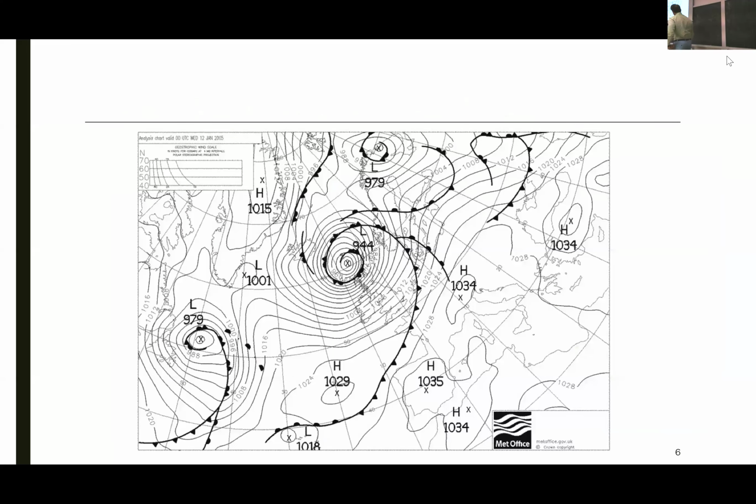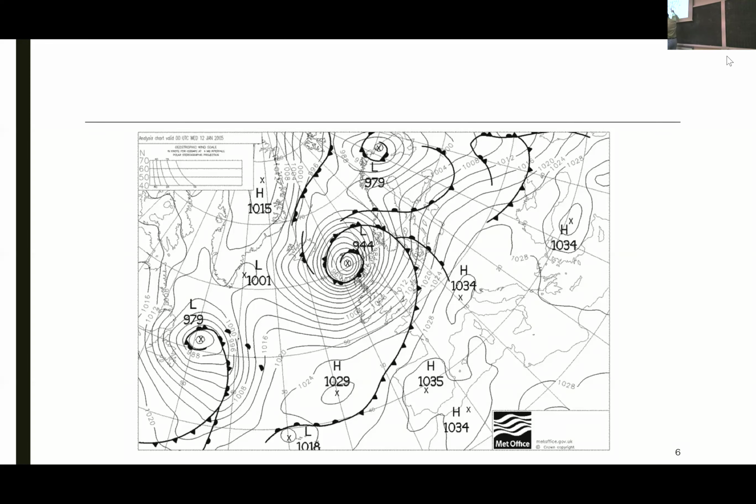Now, here are isobars. Isobars are these thick lines. These are lines of constant pressure, as we talked about in the last lecture. And you can see how these isobars are closed, and how they're packed together very closely. You saw in the previous lecture that the pressure gradient force is proportional to pressure gradients. Pressure gradient is change of pressure over distance.